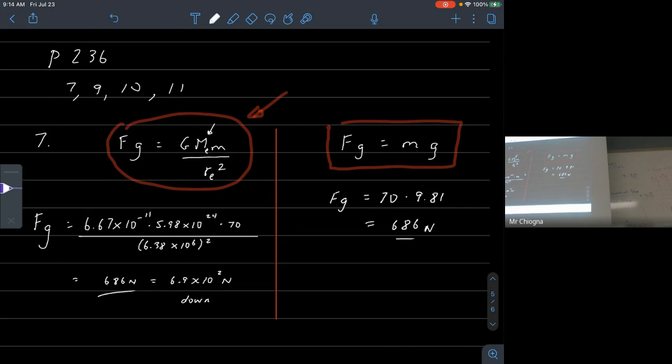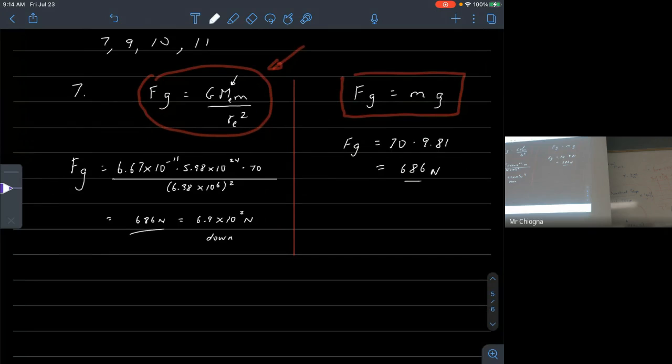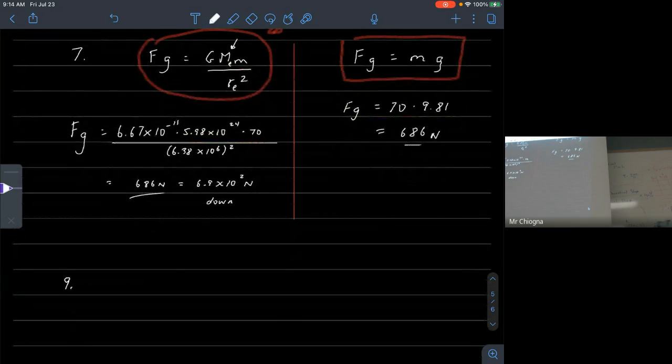Okay, 9. Okay, so remember a couple of things here. First of all, the radius of the Earth.